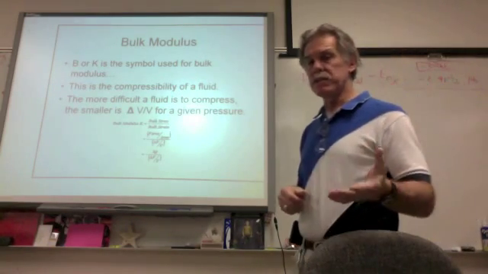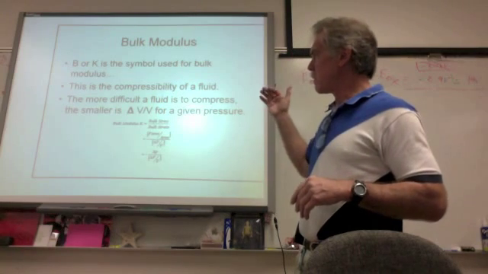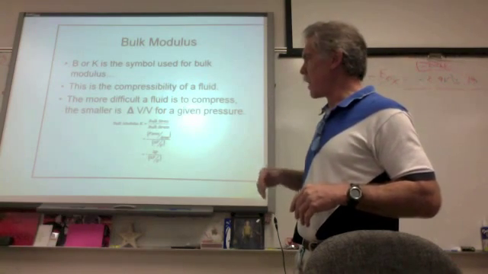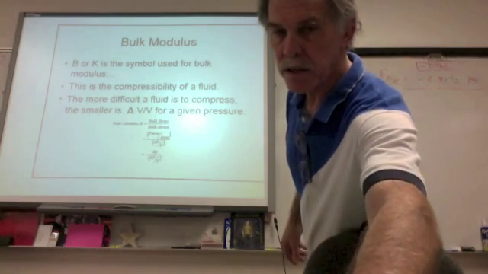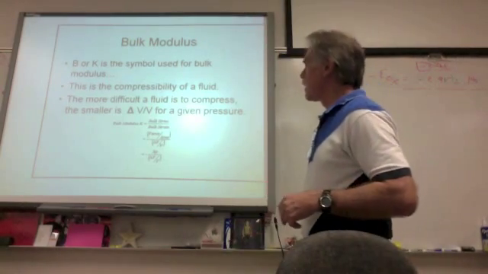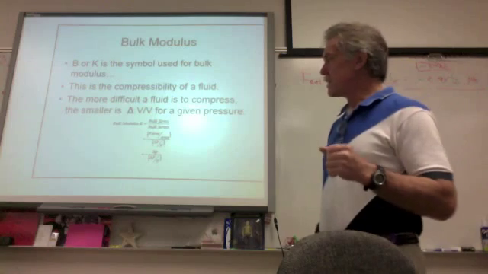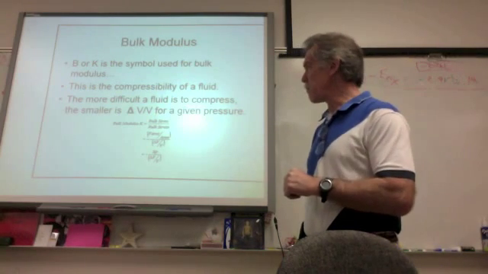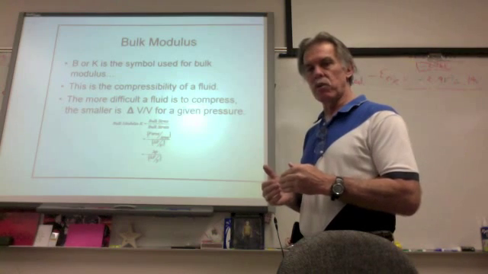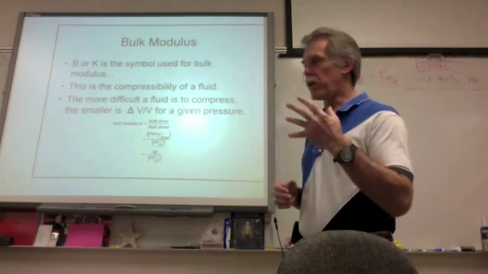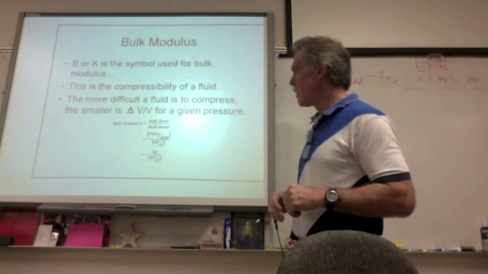Bulk modulus, which is either K or B, is the bulk stress over the bulk strain, which is force over area on top, that would be the bulk stress, over the change in volume over volume, which would be the bulk strain. In other words, how much it strains or changes with the pressure you have on top.